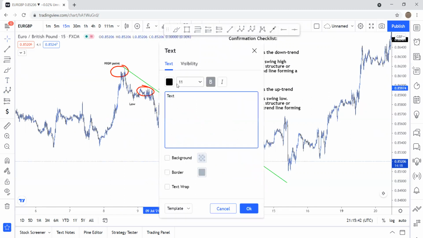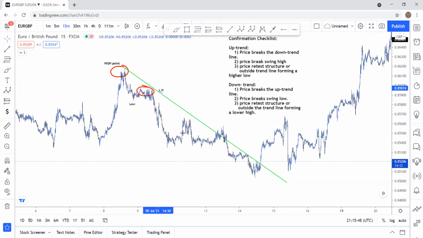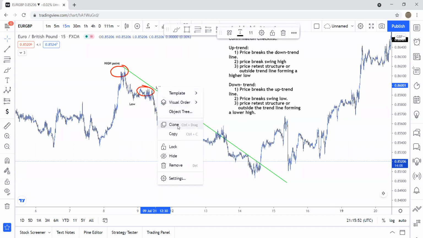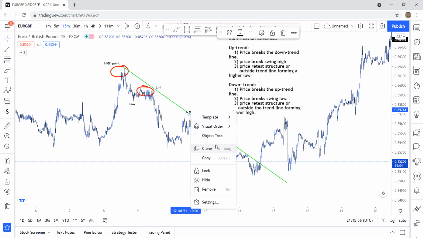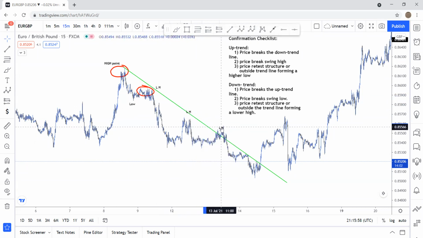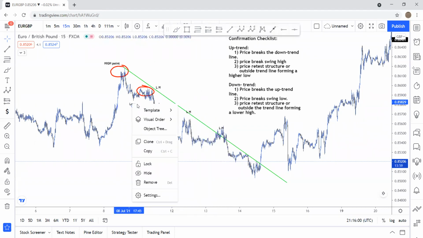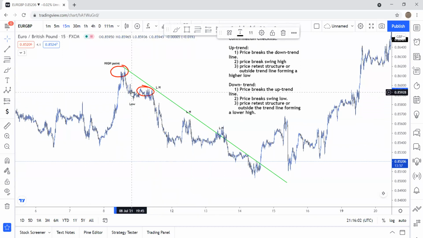Sorry, guys. I'm just putting LH for short, a lower high right here. And this keeps going down, as you keep looking, you have a lower high, lower high. And then we have a lower low over here.